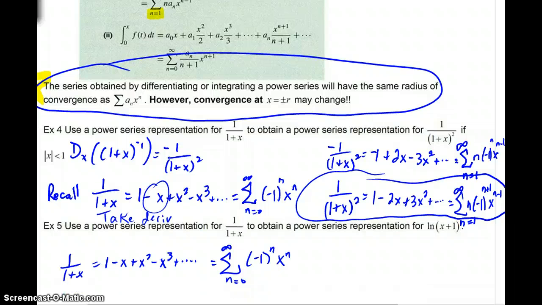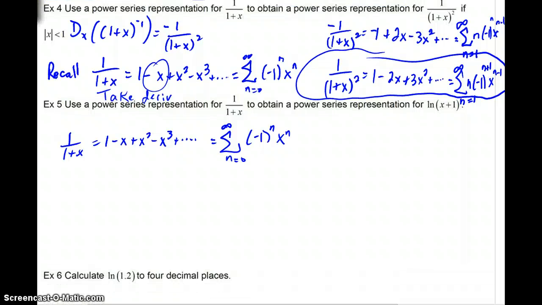You can see how we're working this out in that gray box. Notice that our sigma is still going to begin at n equals 0. Notice we're also integrating between 0 and x. So what we're really going to do is integrate between 0 and x using a dummy variable, which we introduced before. So we integrate this left side.